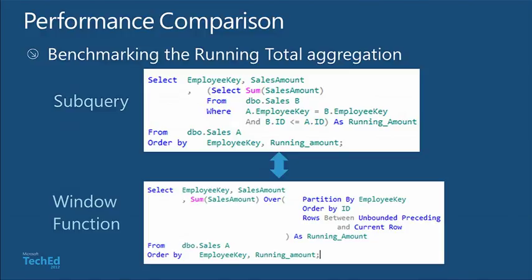I have set up a scenario here. I use a traditional set-based subquery to calculate the running total, and I use another, window functions, to calculate the running total. So these are the two queries I use.